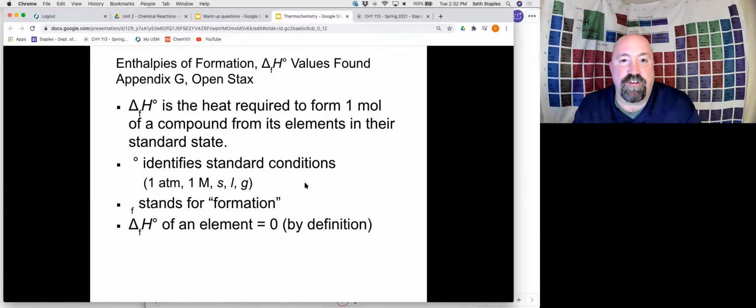We look up on a table, like Appendix G in your book, the delta H values of all of these compounds. We're just going to use some simple numbers at first: maybe A has a delta H value of minus 30, B has a delta H value of plus 15, and C has a delta H value of minus 110.